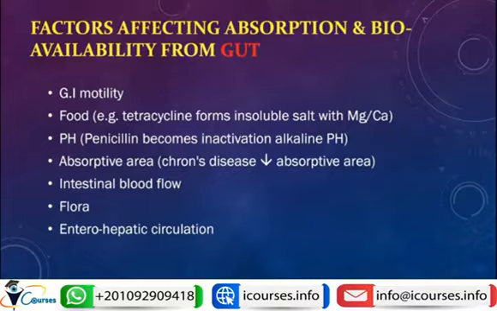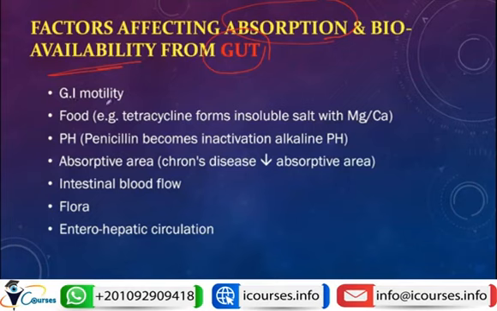Okay, as we are talking about general pharmacology, we need to know what factors affect the absorption of the drug and the bioavailability if the drug is taken by mouth. What are the factors concerning the gut, or GIT system, that will affect the bioavailability of the drug?